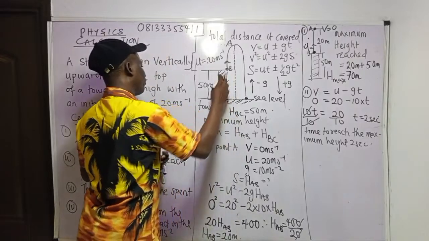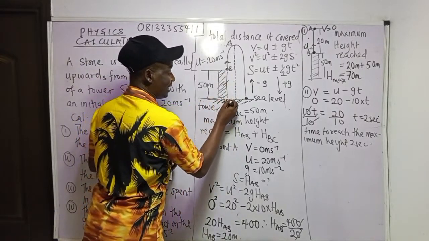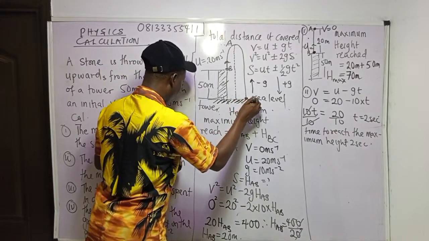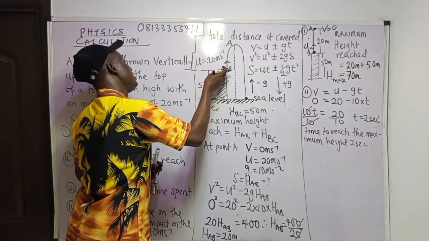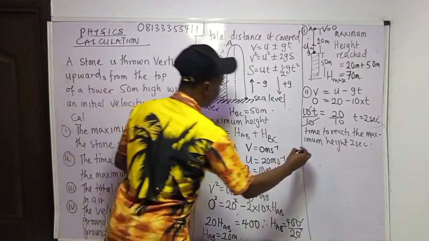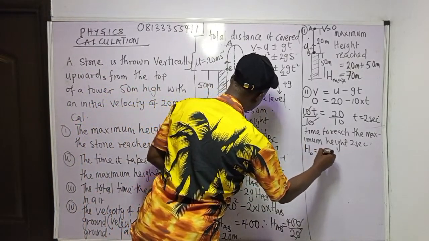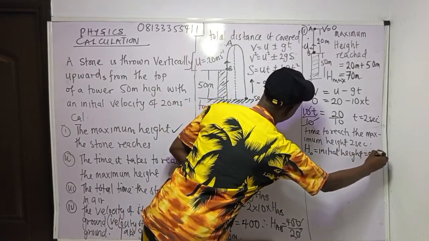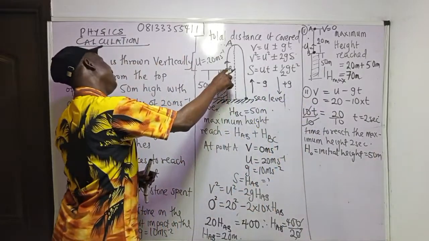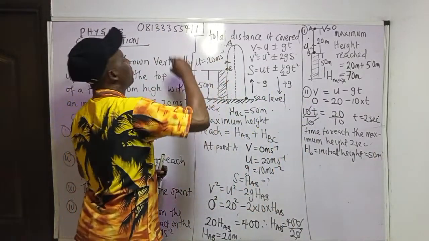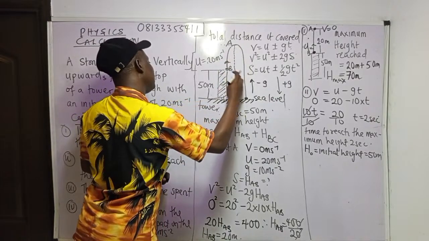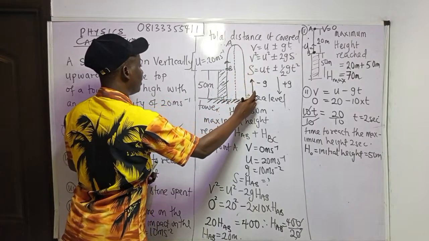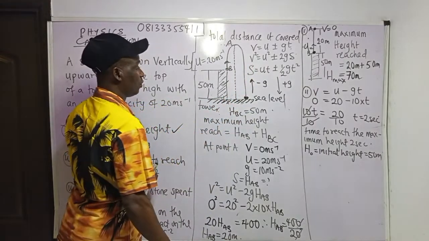Now, where it was thrown from, what was the height from the ground? Because I told you the ground remained the reference point for all heights or projection. So from here to this place is 50. That means initial height is equal to 50 meters, where it was standing before it made the projection. After he had made the projection, the body went to the air, returned back slowly, and the stone landed on the ground, at the ground level.